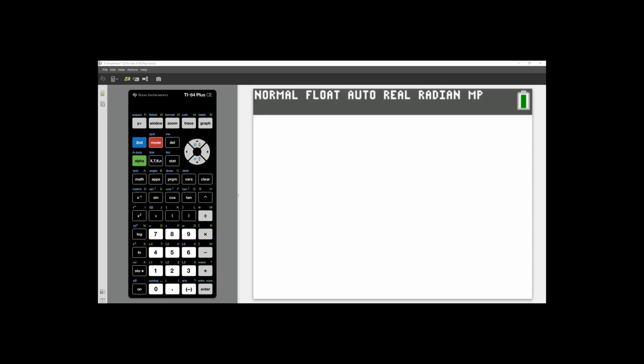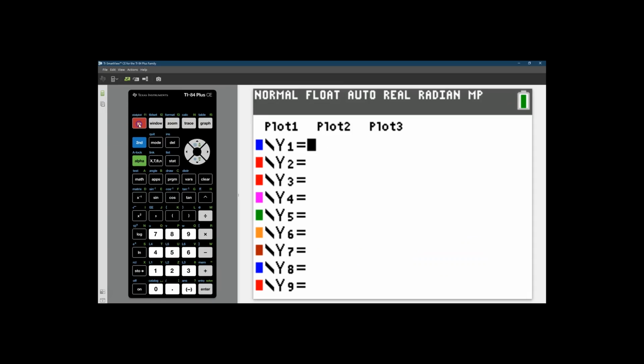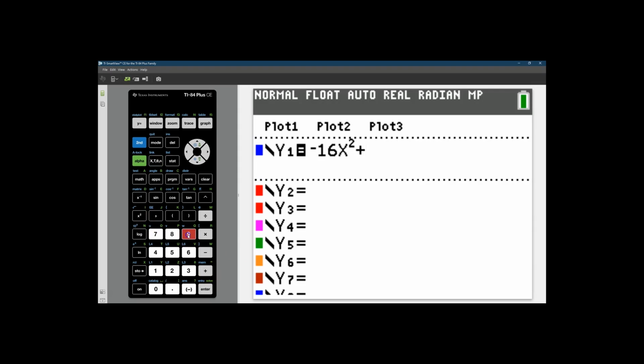Alright, so in the calculator, we are first going to want to go to y equals, and we're going to want to type in our function, which we can see is negative 16x squared plus 96x. Well, technically it's negative 16t squared plus 96t, but we don't have the variable t in our calculator, we only have x. Alright, but again, it's now in our calculator.